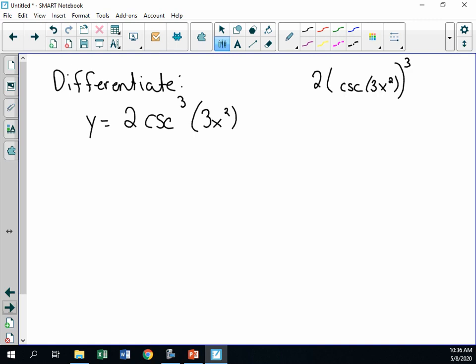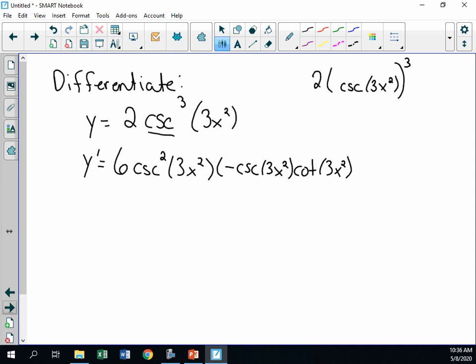So that's where you'll see the chain rule. So we're going to get 6 cosecant squared of my 3x squared. Don't touch your angle. Take the derivative of cosecant now, which is negative cosecant of my angle, cotangent of my angle.